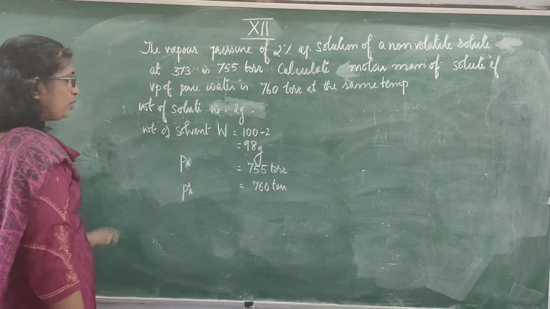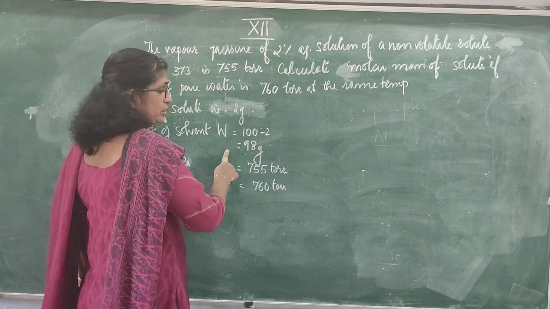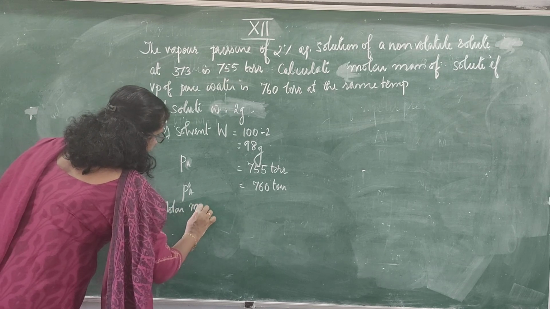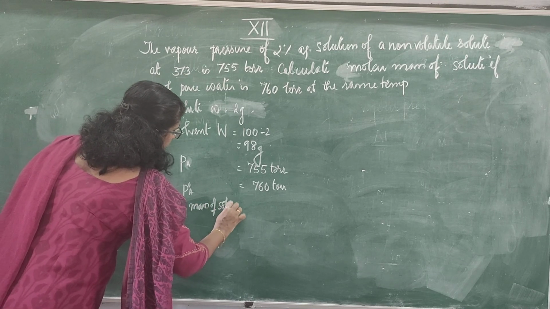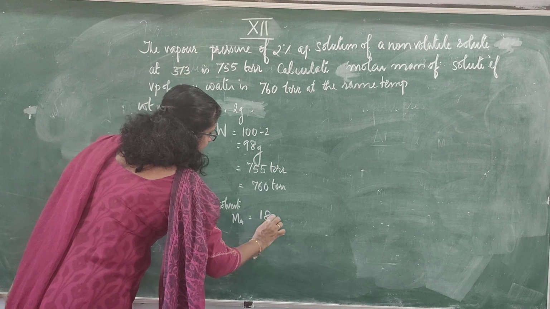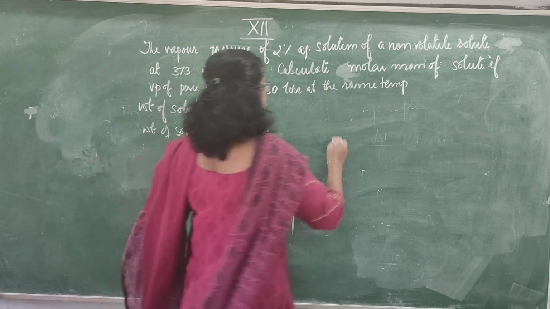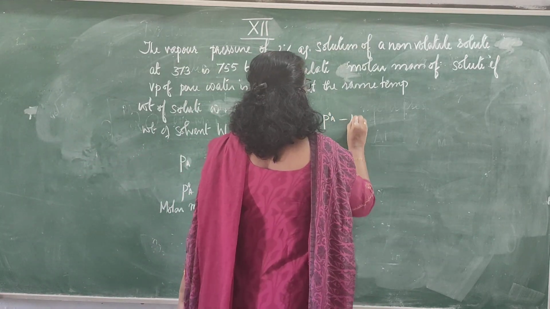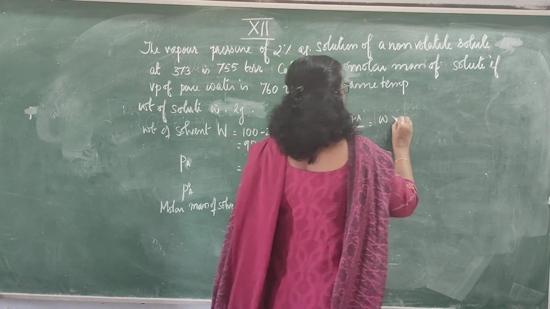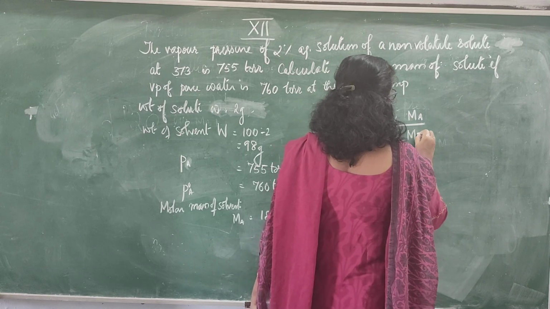So now what we have to calculate. Now molar mass of the solvent, what is this water? Molar mass of solvent is Ma, that is equal to water, so it is 18 gram per mole. Then what is our formula? P naught A minus PA by P naught A is equal to small w into Ma by capital W into MB.